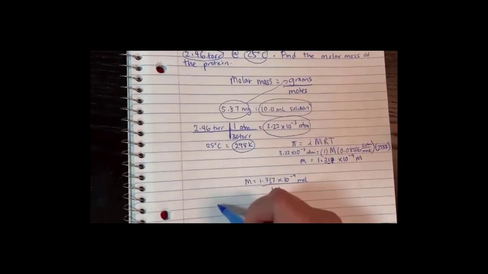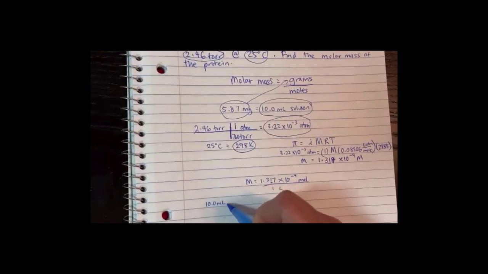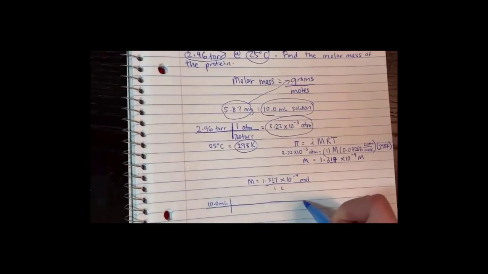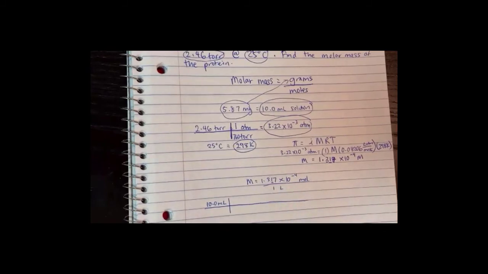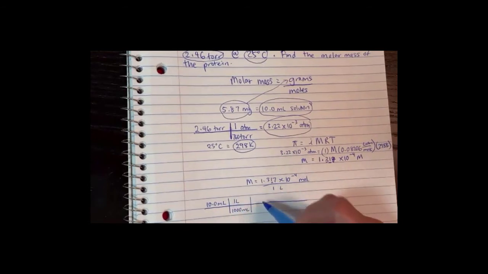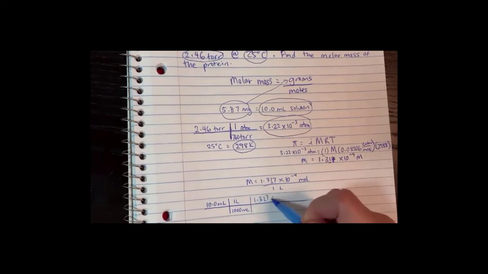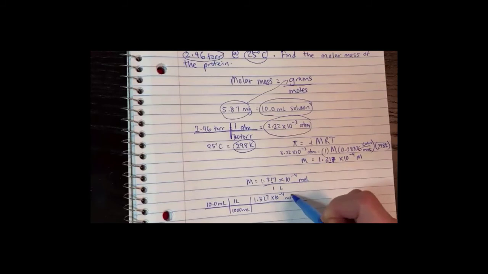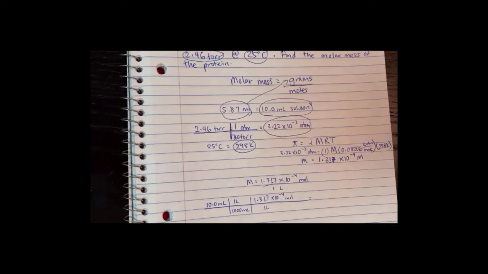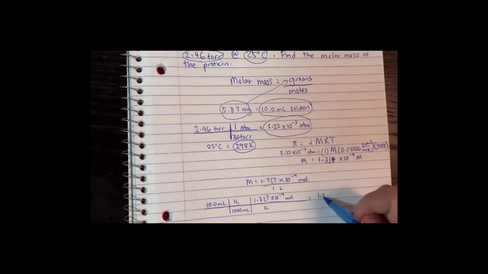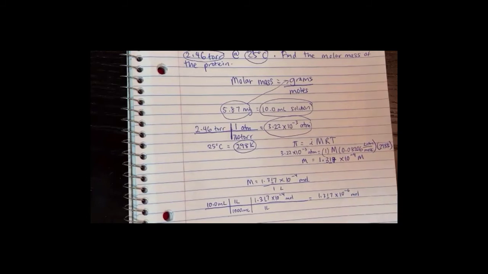So you take the 10 mL of your protein, convert it to liters, and then use your molarity to get your moles of protein. 1 liter is 1,000 mL, and moles is 1.317 times 10 to the minus 4 moles of protein per 1 liter of protein. That gives moles of protein, so we get 1.317 times 10 to the minus 6 moles right here.